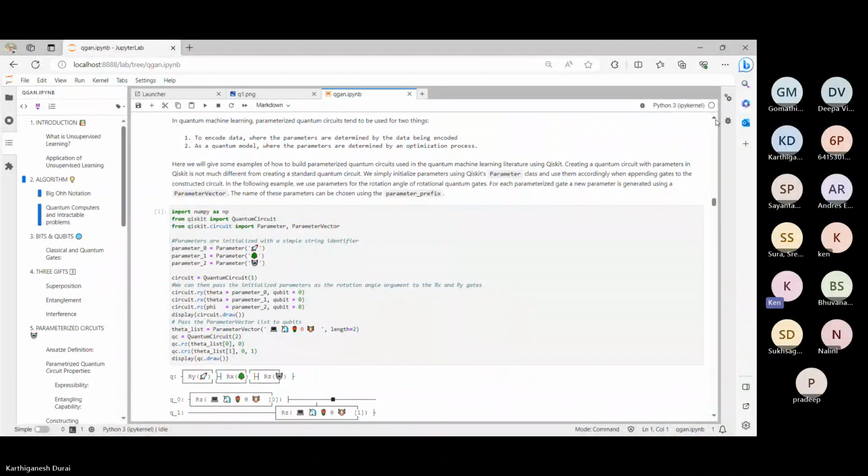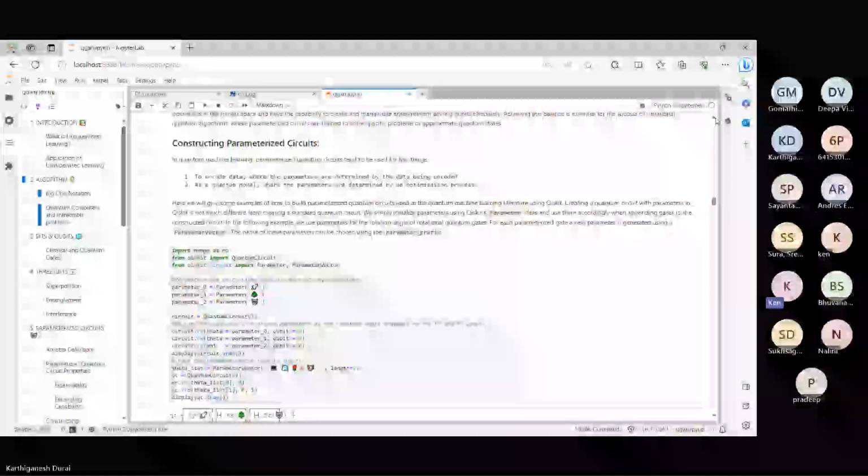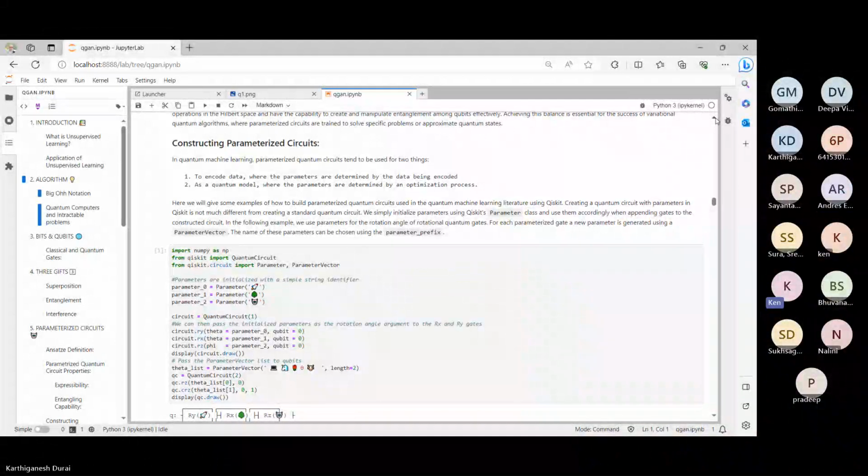Okay, so how do we construct these parameterized circuits? Well, we'd have to call in our methods, parameter, and we would call in parameter prefix. So parameter is for individual assignments versus parameter vector, sorry, I should have said parameter vector.